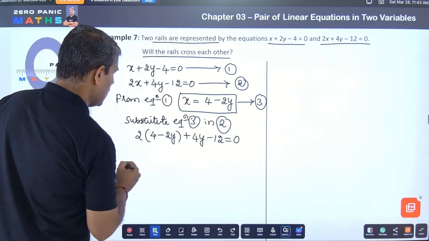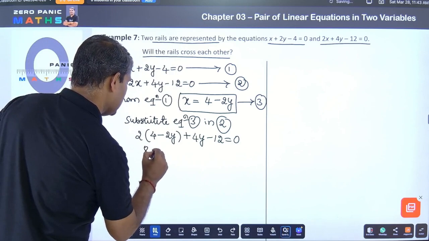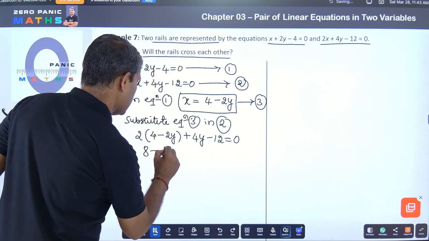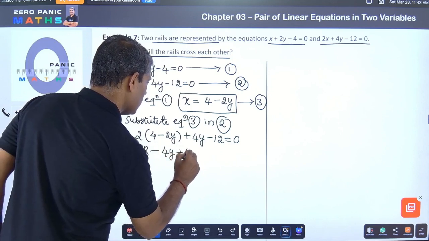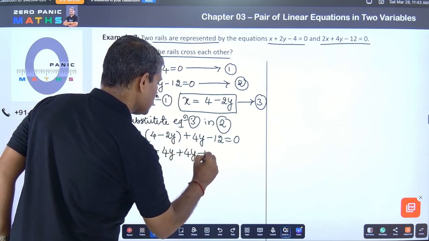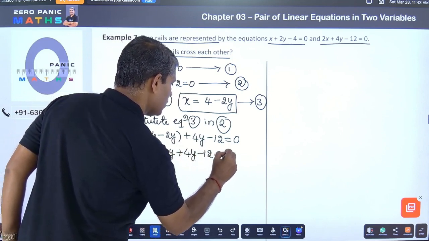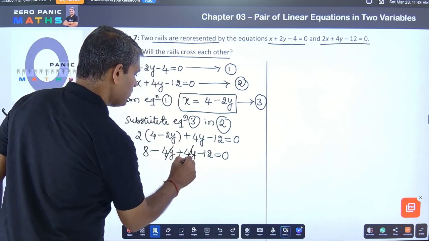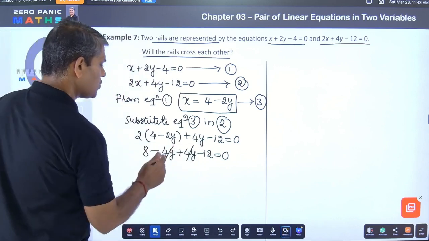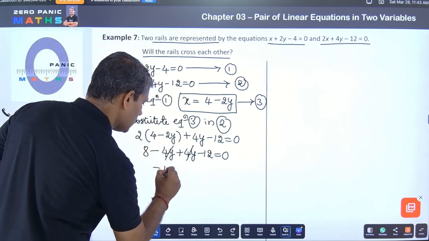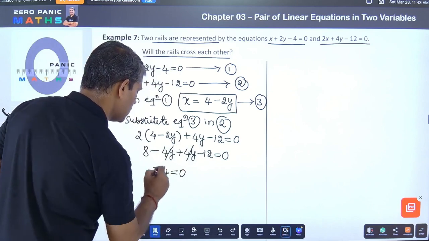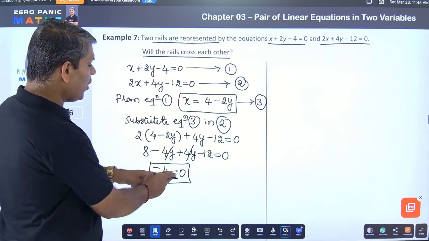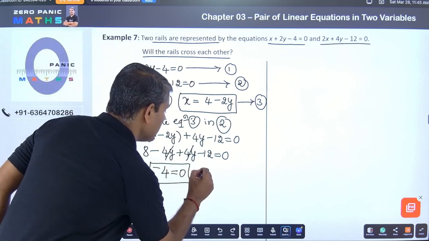Okay, 2 4s are 8, minus 2 2s are minus 4y, plus 4y minus 12 is equal to 0. Minus 4y plus 4y cancels. 8 minus 12, what is that? Minus 4 is equal to 0. Okay, minus 4 is equal to 0 is false.